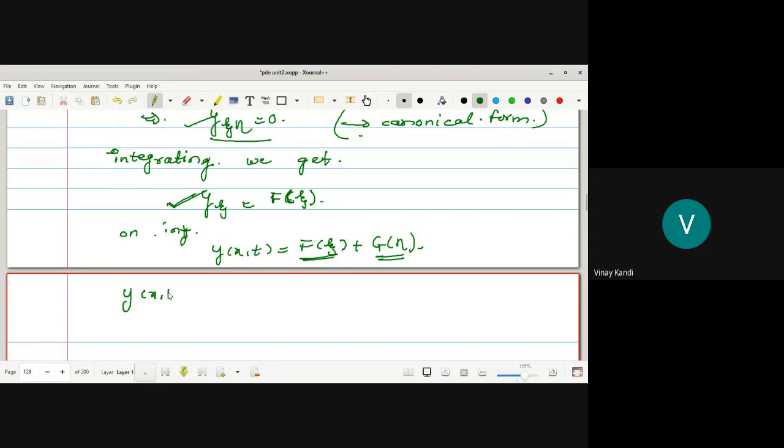y, the function of xt, is equal to capital F of, okay, that is nothing but x plus c, okay, plus G is the function of eta, that means x minus c. Okay, give it as equation number 6, where capital F and capital G are arbitrary functions.